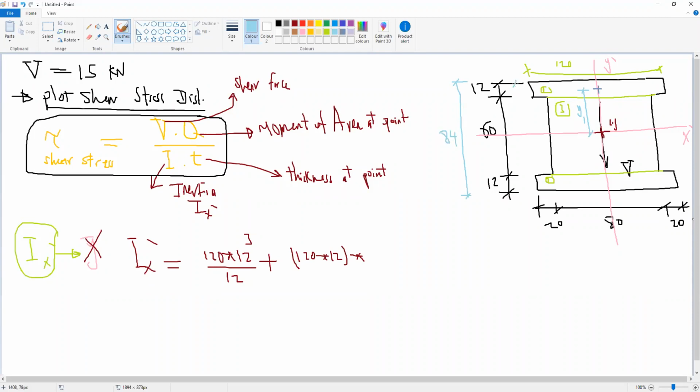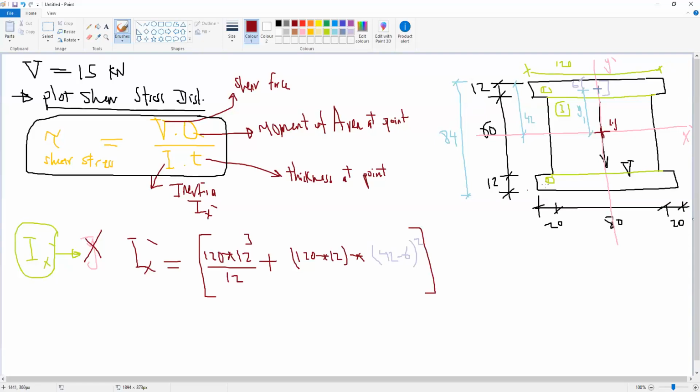So the half will be 42. And the distance from the centroid of area 1 to the top of the whole section is 6, because this is 12, so the half is 6. So y1 will be 42 minus 6, which is 36, to the power 2. This is y1. So this is the inertia for area 1.